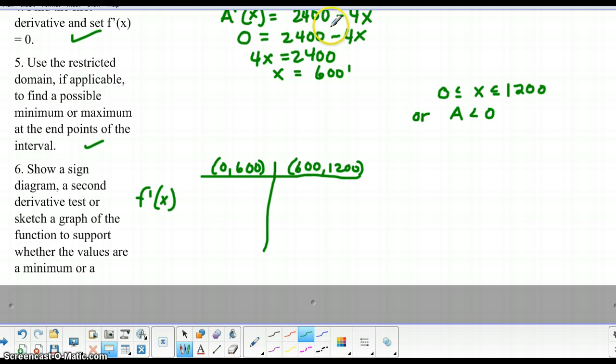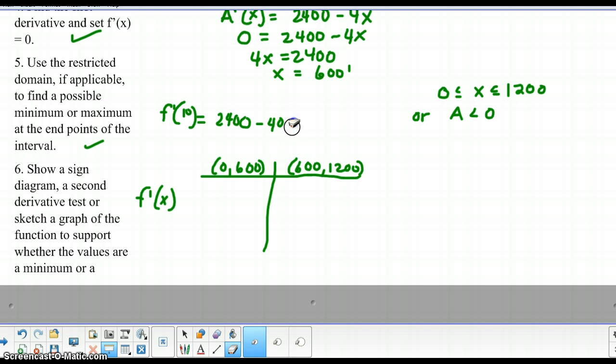So I'm going to plug 10 into my first derivative, and I see that it's 2400 minus 4 times 10, which would be 400, and that's definitely a positive number there. For this range, I think I will test in, I guess 1000 would be the easiest.